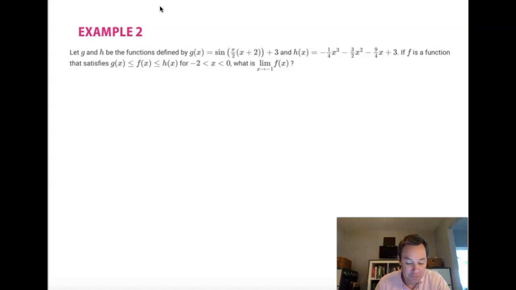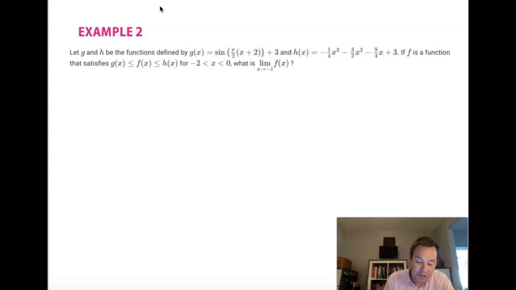So now g and h are functions defined by g is the sine of the quantity pi over 2 times the quantity x plus 2, plus 3, and h is negative 1/4 x cubed minus 3 halves x squared minus 9/4 x plus 3.